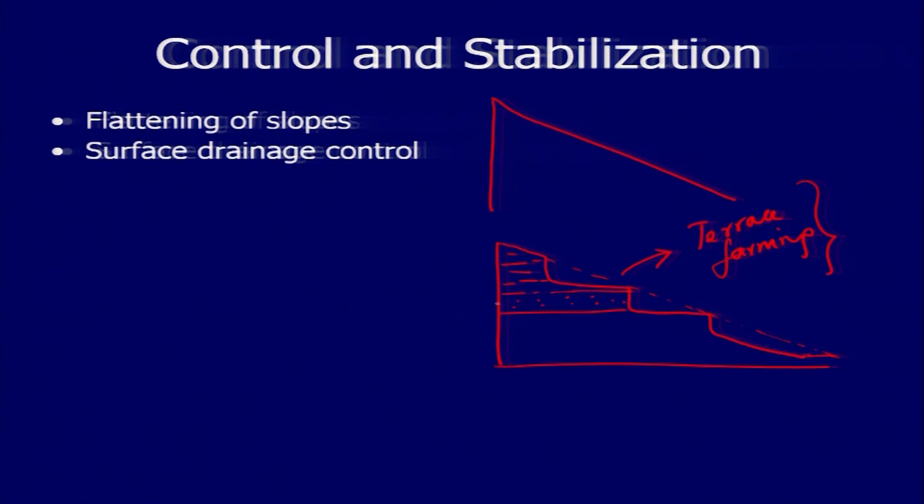If you have rainfall, water will percolate in the sandy units, and when these sandy units become saturated, they can trigger a landslip or a mass movement.